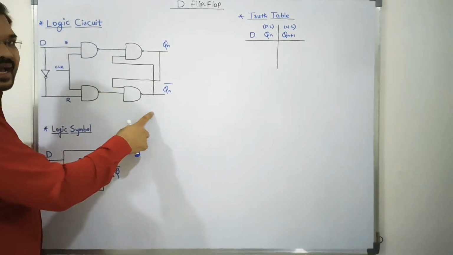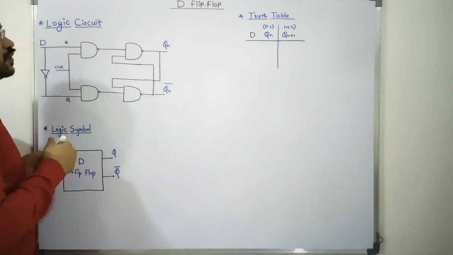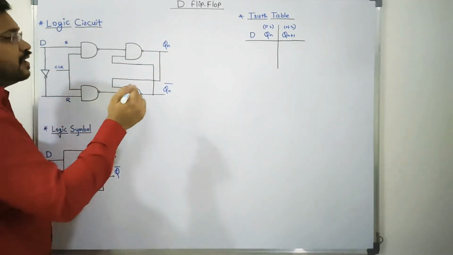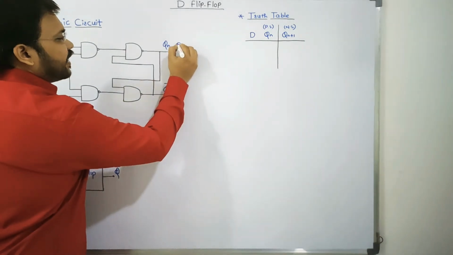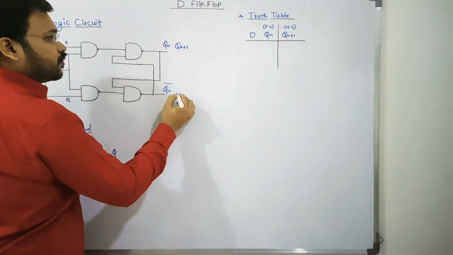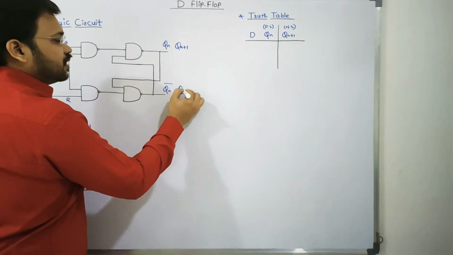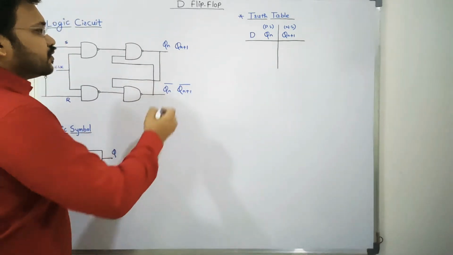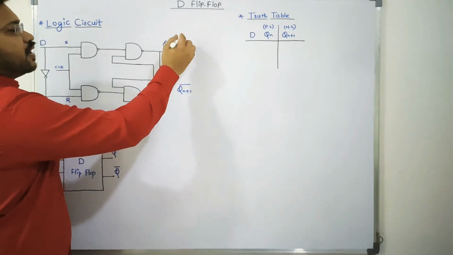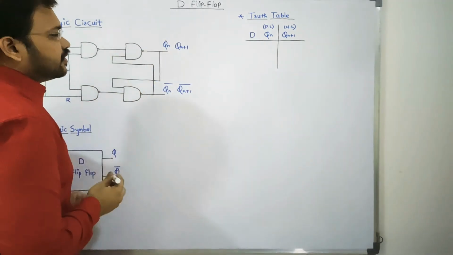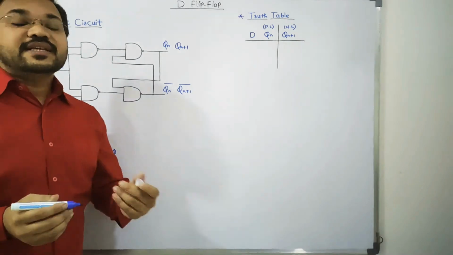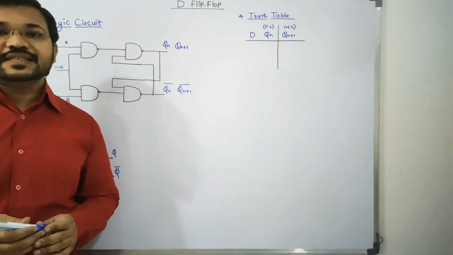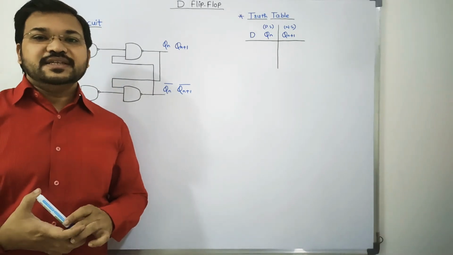This is the present state, Qn, and the required output is Qn plus 1, along with Qn plus 1 bar. This is called the next state, and this is called the present state. So the next state depends on the present input and the present state.